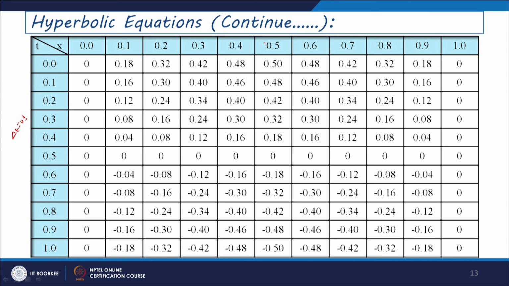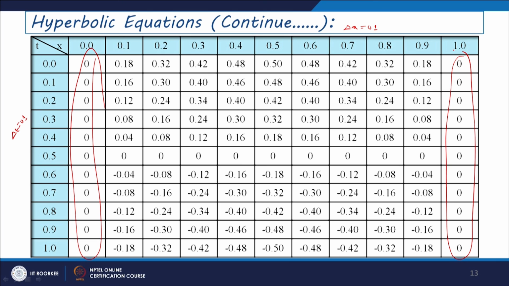Similarly, in the x direction, del x can be considered as 0.1. So that is why it also takes the values 0.1, 0.2, 0.3, 0.4, 0.5, 0.6, 0.7, 0.8, 0.9 and 1.0. And symmetricity means this boundary condition, whatever is described at the initial level, the same is described at the points x equals to 0 and x equals to 1 there itself.